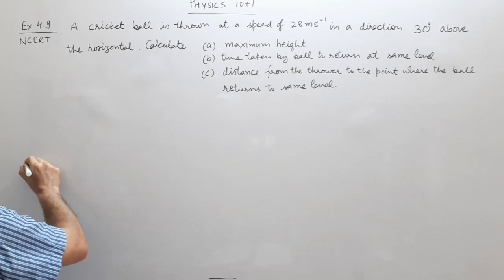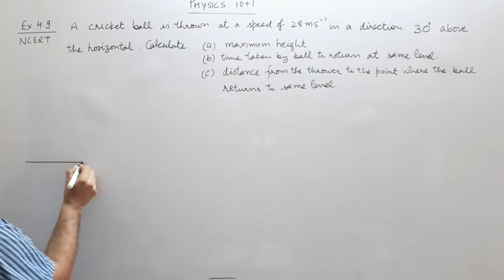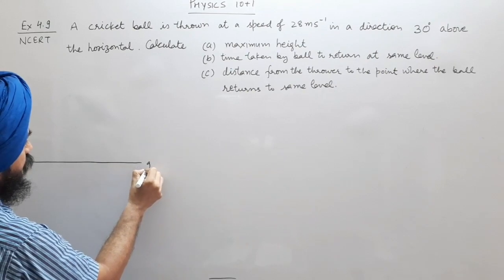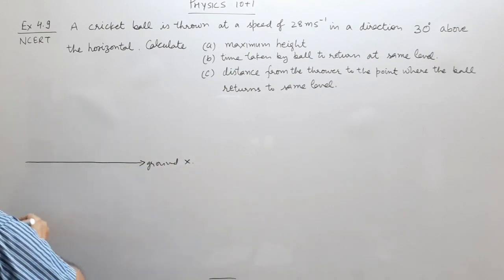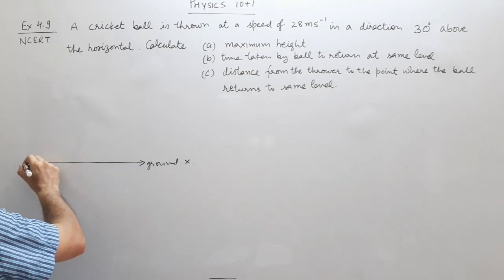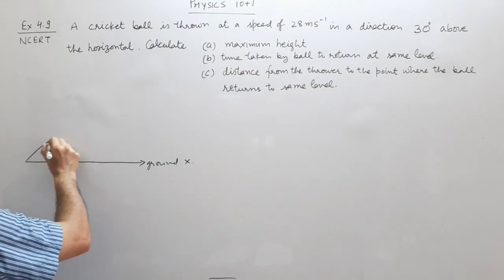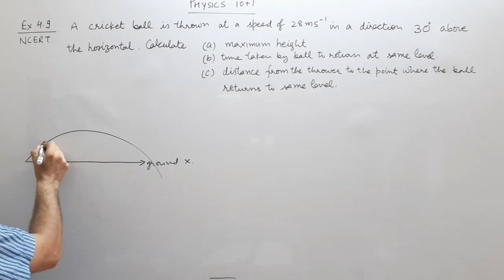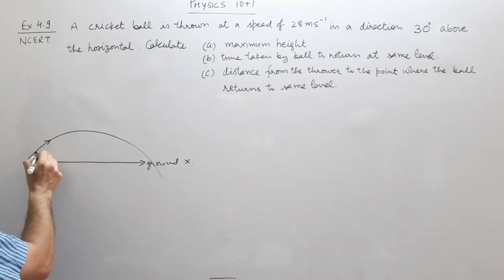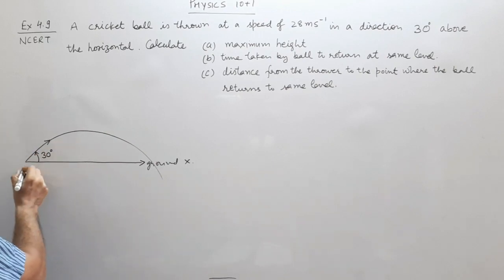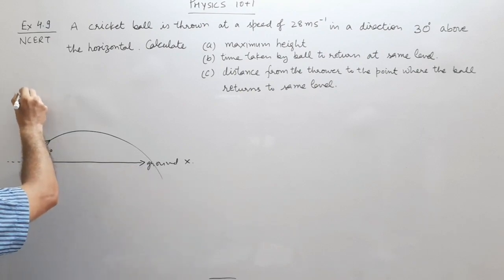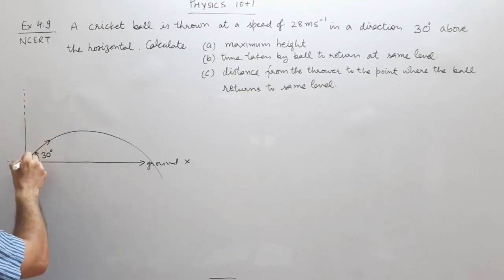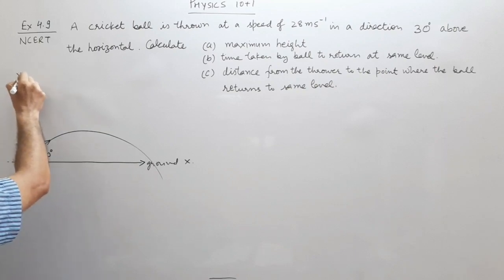Let us make the ground level, which will be regarded as x-axis, and to this axis the ball is thrown like this, at 30 degrees to the horizontal. So this is our horizontal line, and here is the vertical line, which is our y-axis.